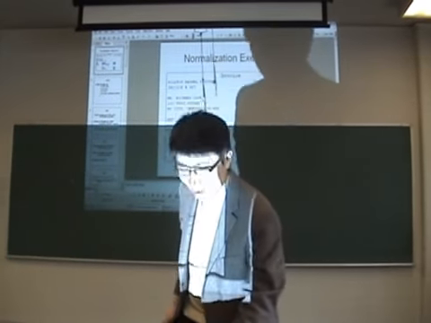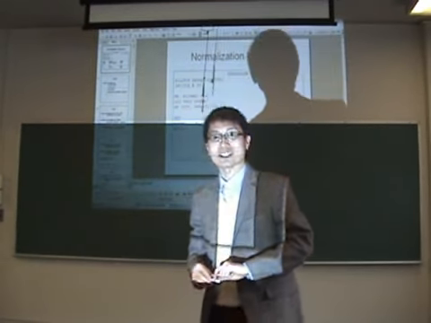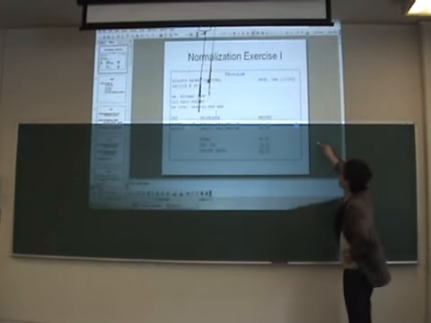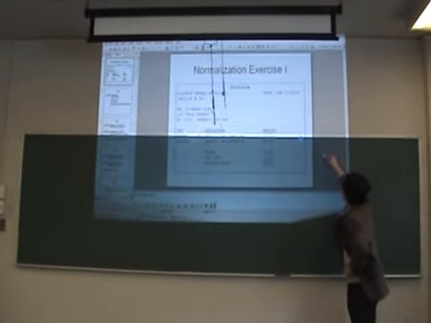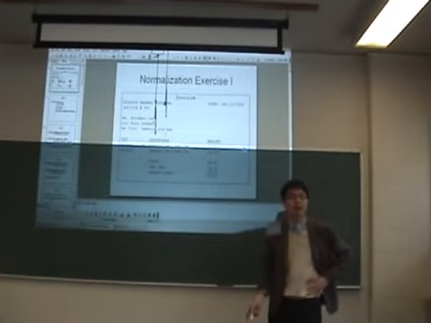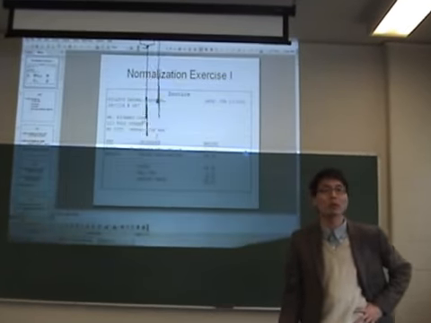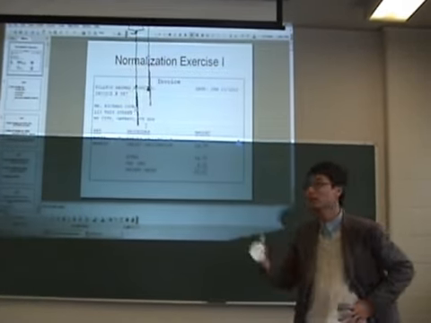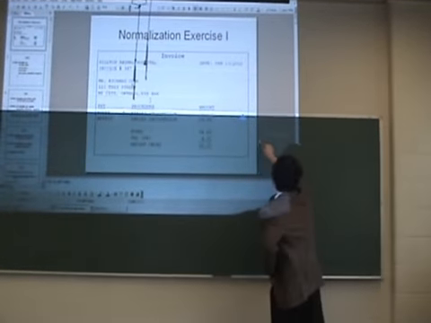Then we are going to model this one. Let's say this is an invoice. This is a simple database, simple information, so probably one entity, the invoice entity.